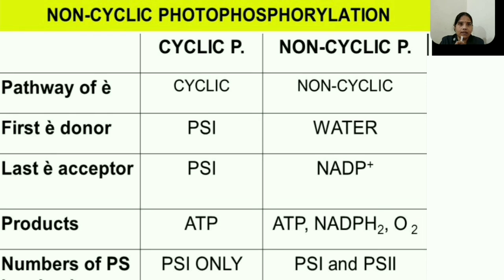The important points: the pathway of electrons is cyclic in cyclic and non-cyclic in non-cyclic.